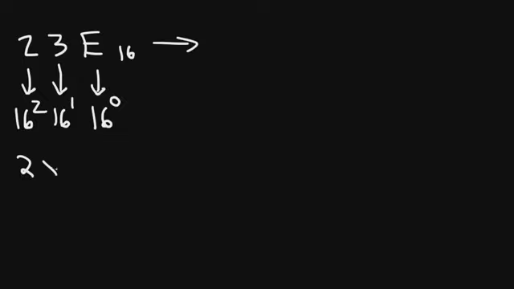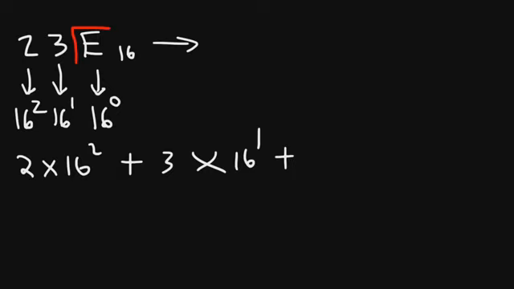So we have 2 times 16 squared plus 3 times 16 to the first power, plus, now you need to convert E from the hexadecimal system to the decimal system. Based on the chart we had before, E corresponds to 14.